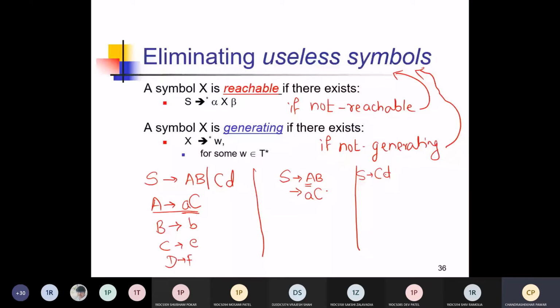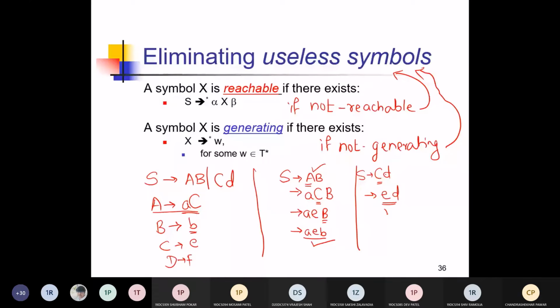Next, as it is a leftmost derivation, we have to replace this C. This C is replaced with E. And next this B is replaced by small b, which is the production of non-terminal B. So here is the string that we obtain with the help of this first production, that is a E b. And when we consider C and D, this C is replaced by E and it is D. So here it is the string.